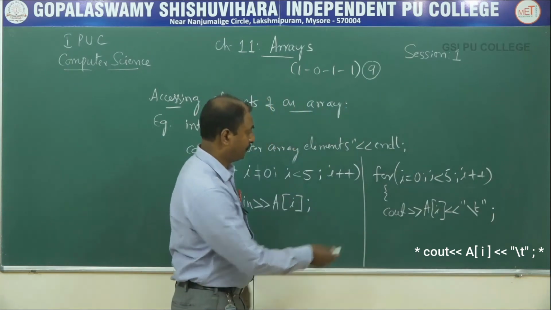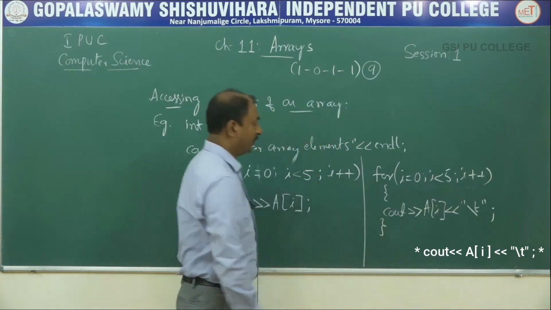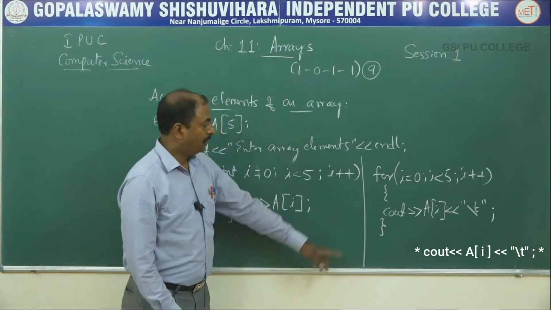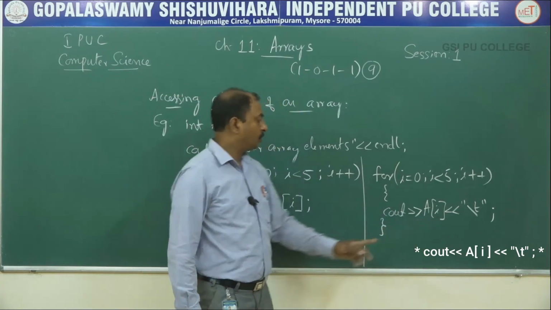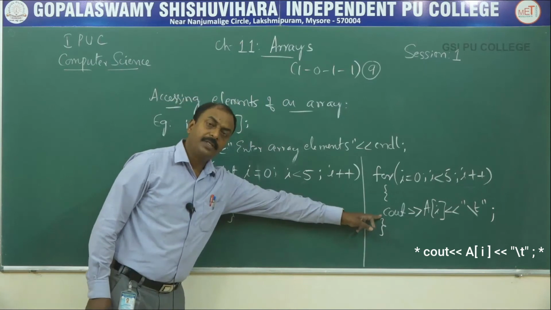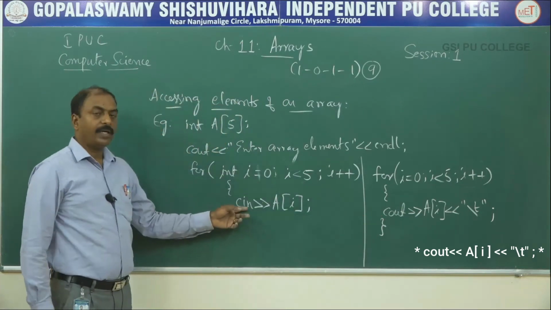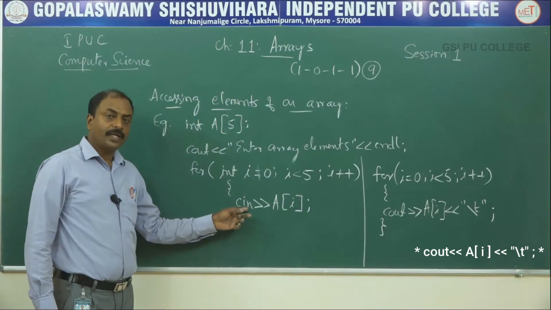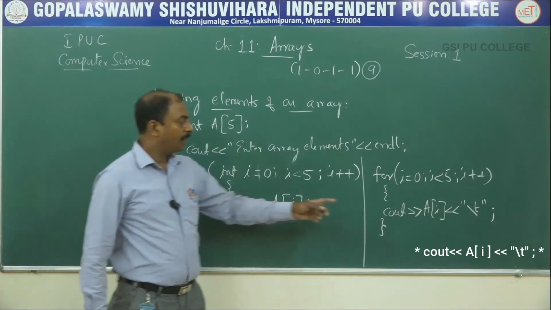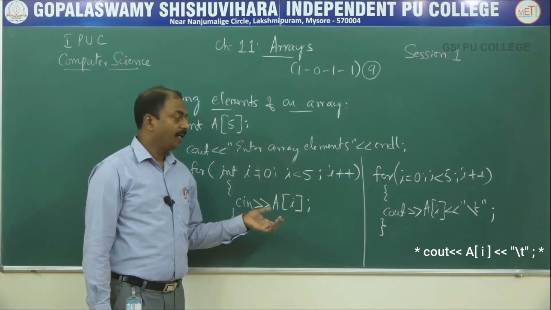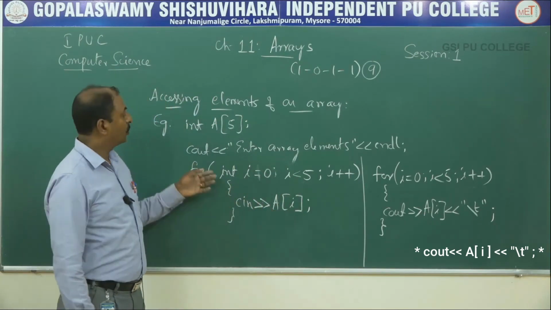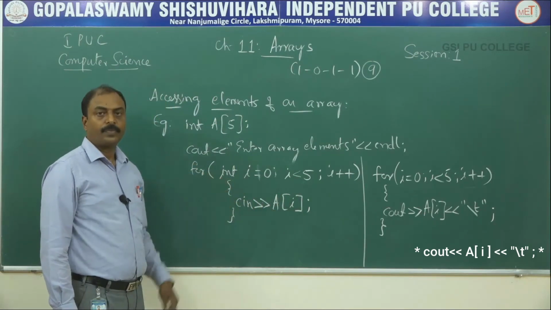Then close this. This is the output statement to print an array, and this is for inputting the values into an array. So input statement and output statement. This is how we access the elements of an array through a for loop.